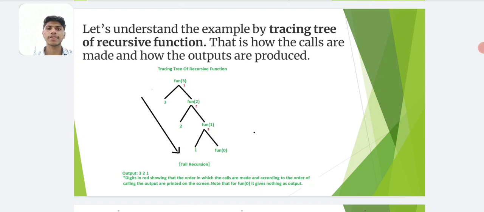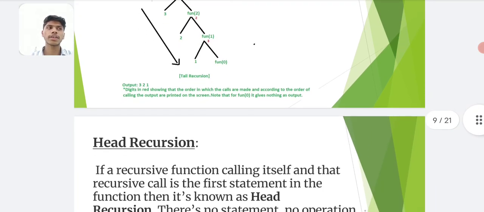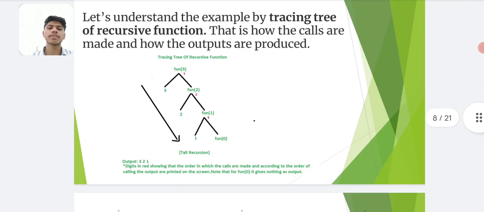It reduces down, so the outputs are 3 2 1. The digits in red show the order in which the calls are made, and according to the order of calling, the outputs are printed on the screen. Note that function of 0 gives nothing as output.